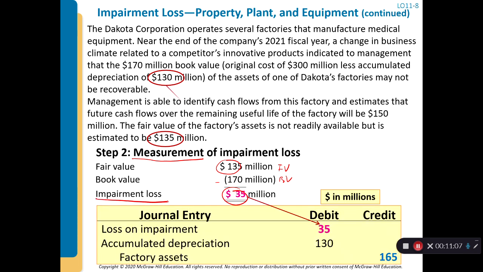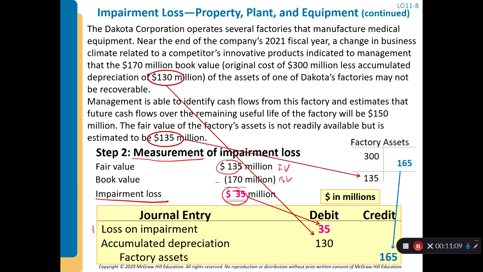Then what we do is, first of all, we record the debit to loss on impairment, and then we will credit out all the accumulated depreciation of 130 from the books, right? And then we're creating a new base, where the new factory has a book value of 135. So how do we reduce the factory assets from the 300 purchase price to 135? We need to credit out $165 million of factory assets.